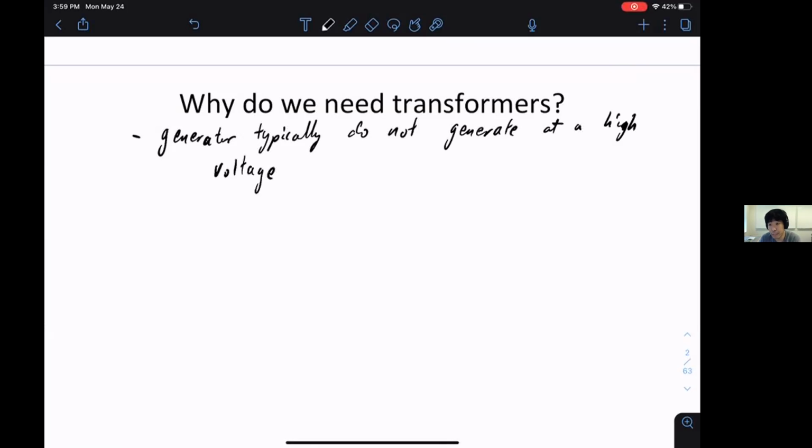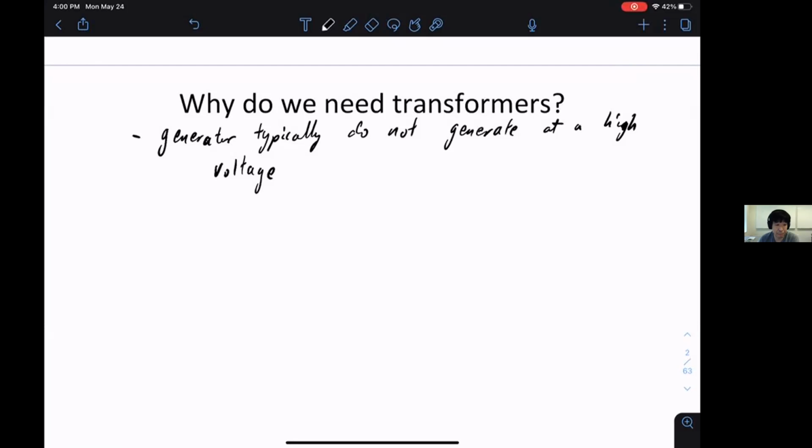If you directly measure the terminal voltage coming out of the generator, it's not terribly high, because of the way we have an exciter, you don't boost the voltage up by that much. So you have a voltage in the thousands or tens of thousands of volts, but not in the hundreds of thousands of volts, which is where we want to do transmission.